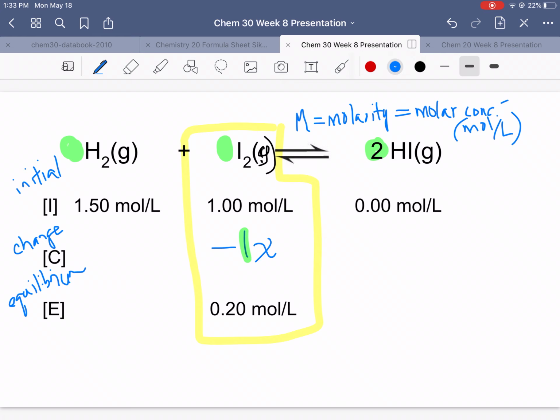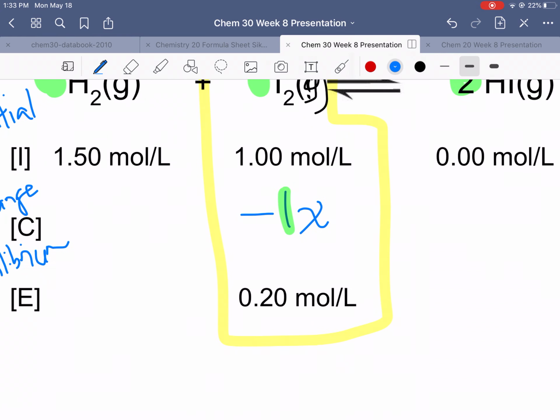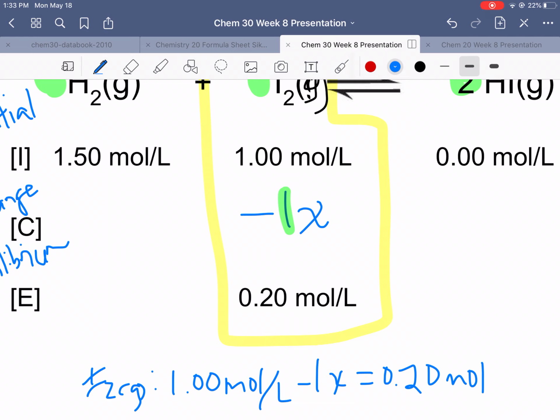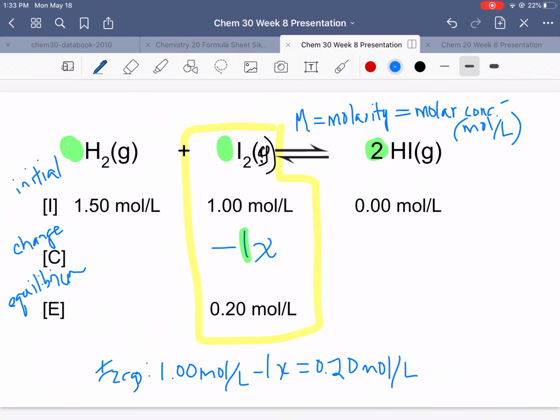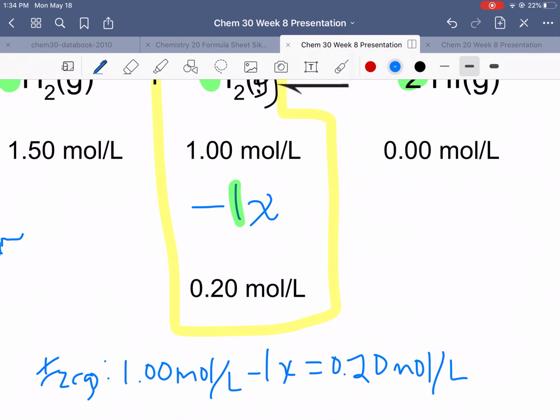We have a circumstance where we can see for iodine gas 1.00 moles per liter minus 1x will give us 0.20 moles per liter, or you can just use capital M like I said. Well, simple algebra, guys, right? 1.00 minus what number gives us 0.2? It ends up being that x is equal to 0.80.